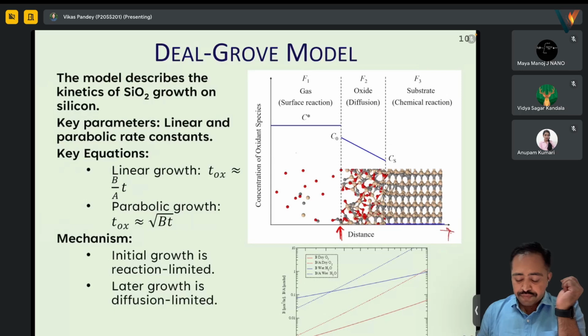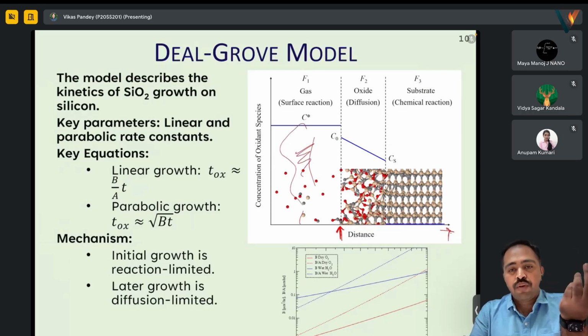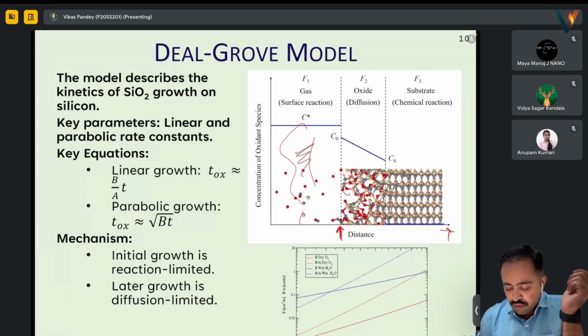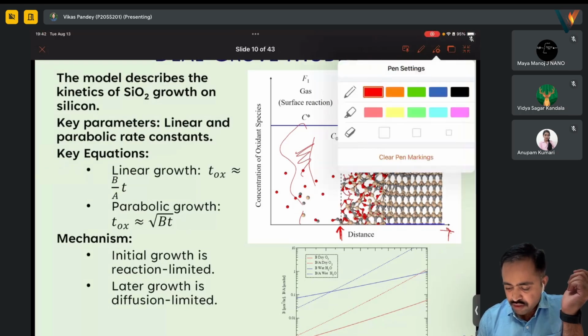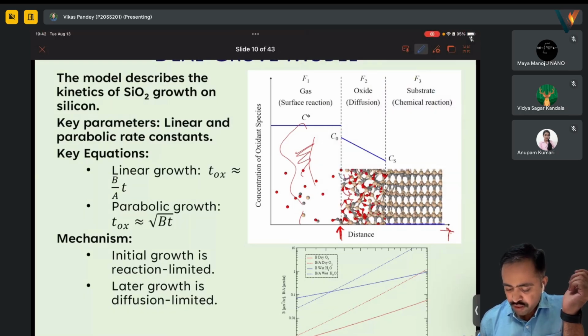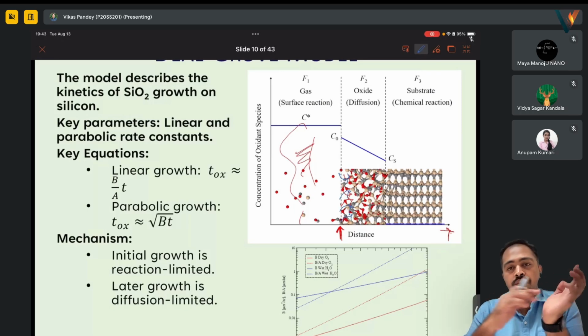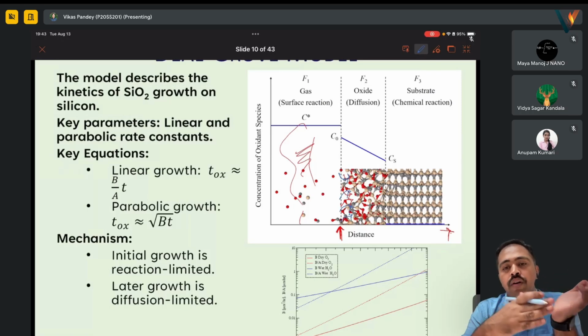So this area is the gas. It can be O2 or H2O. Okay, so these molecules will go inside the wafer. Now let me put some color. They will move inside the wafer and do the reaction, Si plus O2 or Si plus H2O.